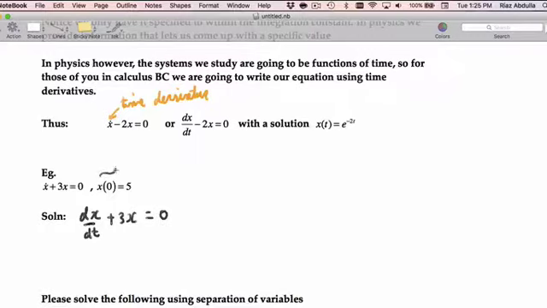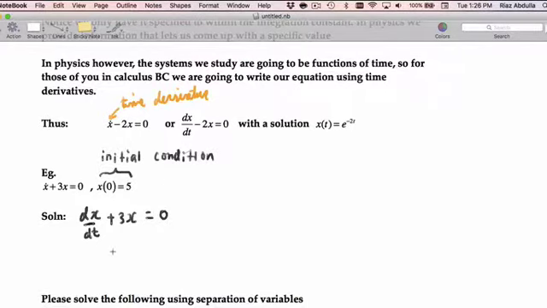This term, x at 0 equals 5, is called the initial condition. It's the thing that lets you know exactly what c is for a particular problem after you take the antiderivative. So we don't use that yet, we use it later.